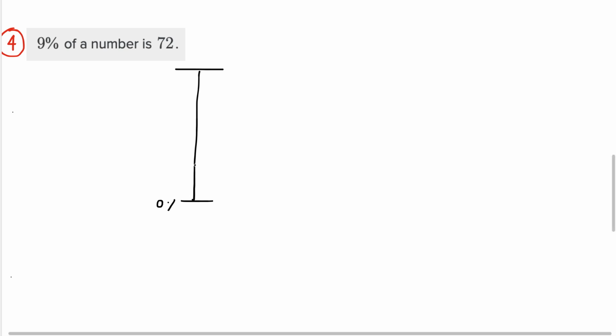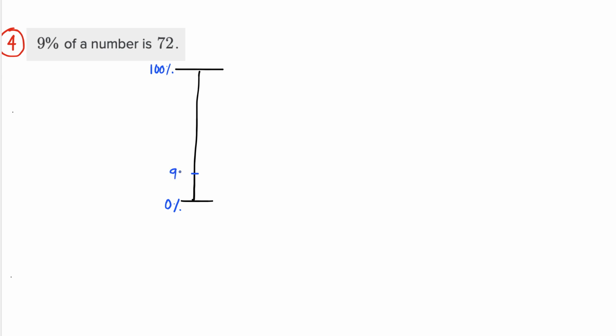So again, we're going to draw our double number line. Here is 0% in blue. Here's 0%. Here's 100%. And 9%, which is, I don't know, around here, is 72.